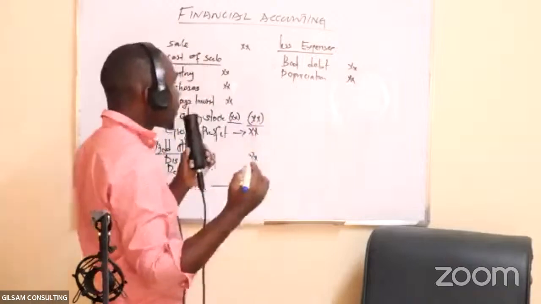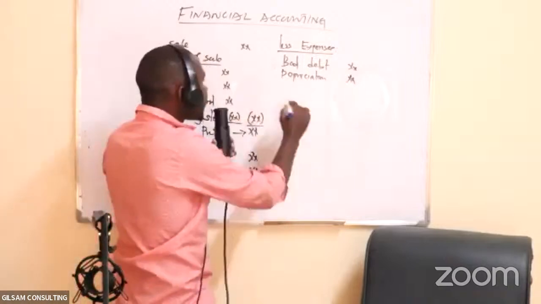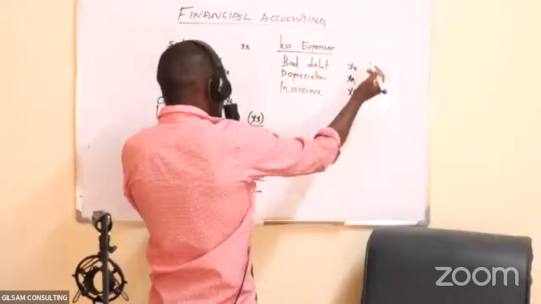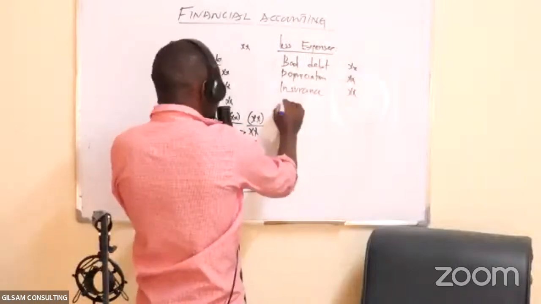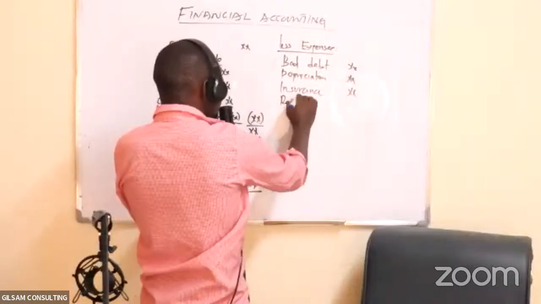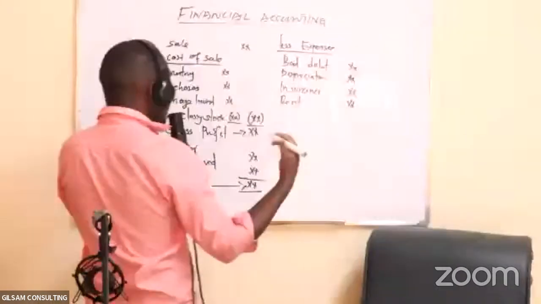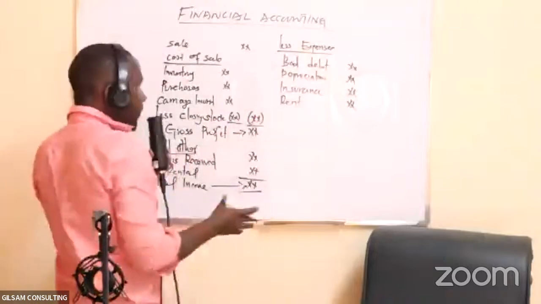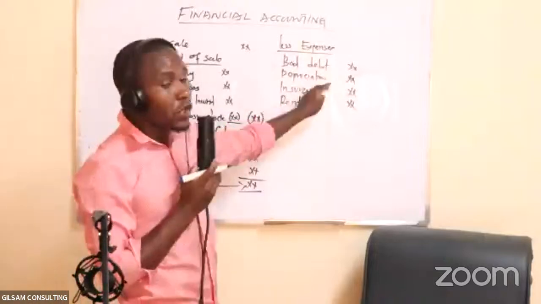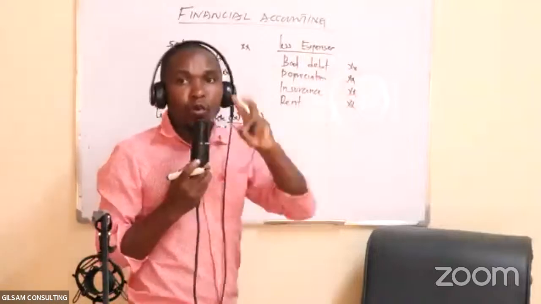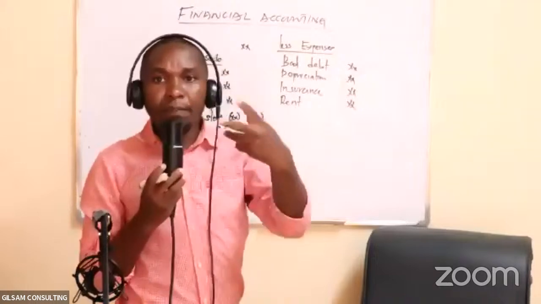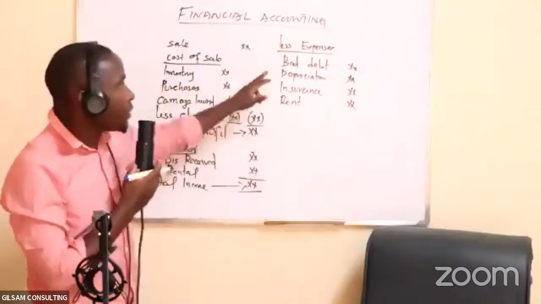Also, the additional information involves accruals and prepayments, maybe of insurance, rent or electricity. But this also has adjustments with what you have been provided in the trial balance, so make sure that you do that adjustment.